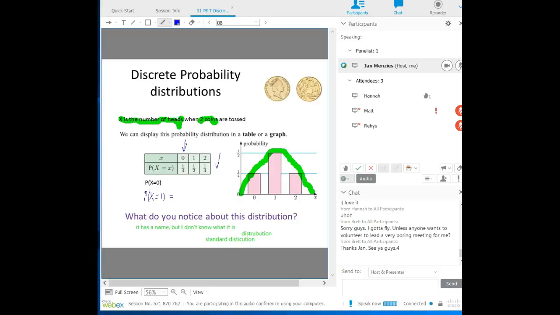Yes, Hannah? Yes. So not skewed. So it's symmetrical. Any other things that people notice?